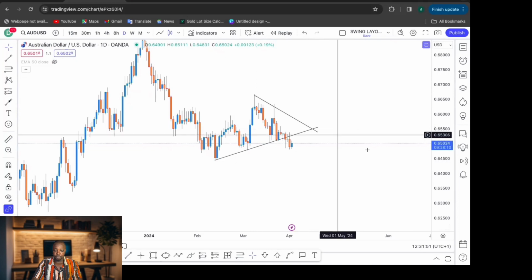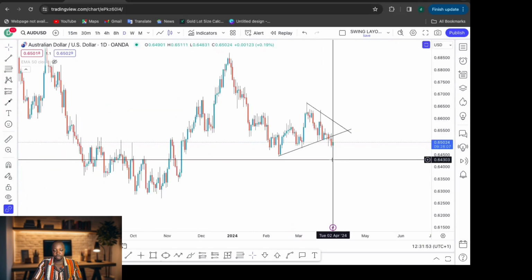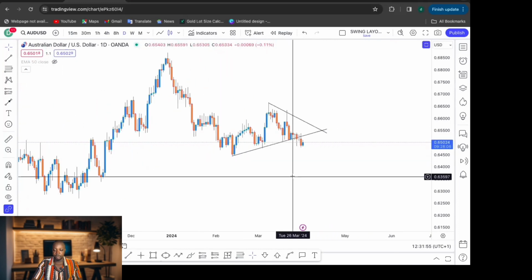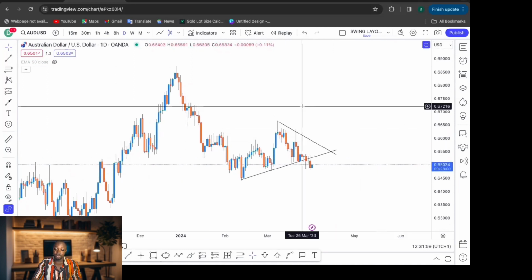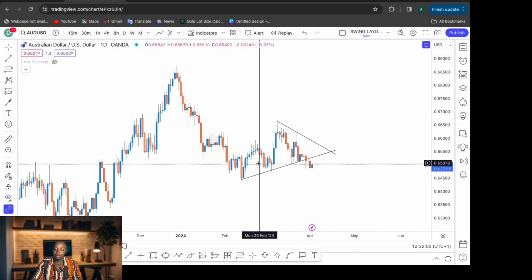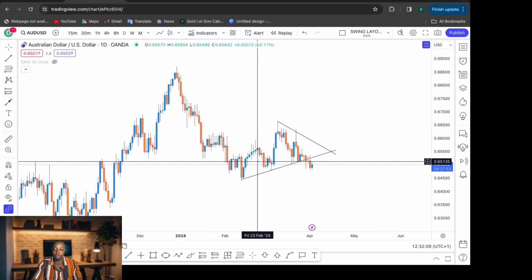Now, your ability to read price action is going to take you very far in trading, because there are very few indicators that make sense to me. I know there are a lot of people online preaching about indicators, but most of the indicators that we have are actually lagging.